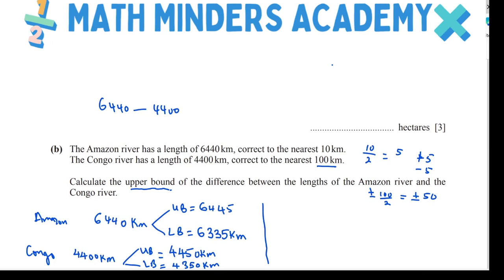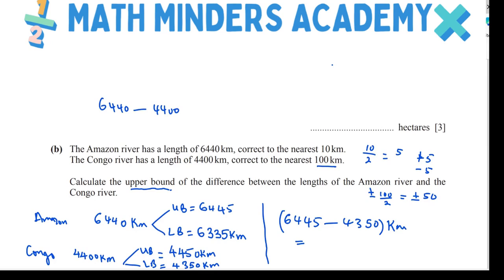The greatest value of the Amazon River length is 6,445, and the least value, which is the lower bound of the Congo River length, is 4,350, all in kilometers.